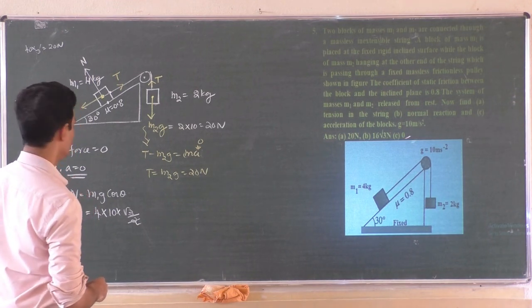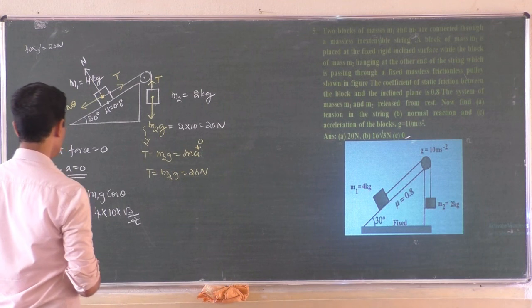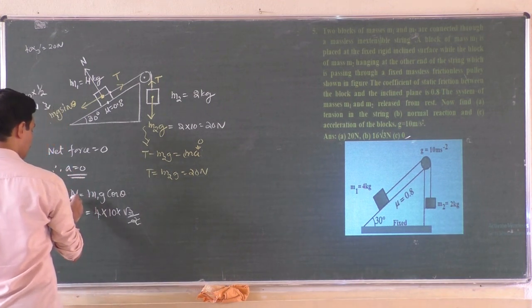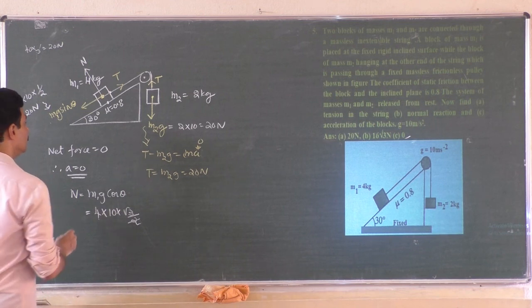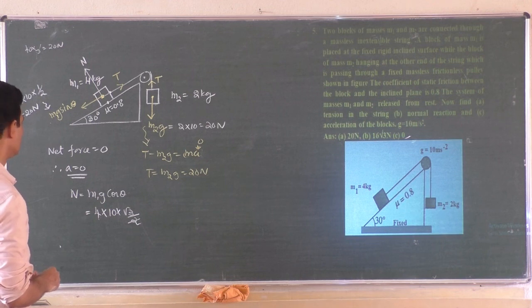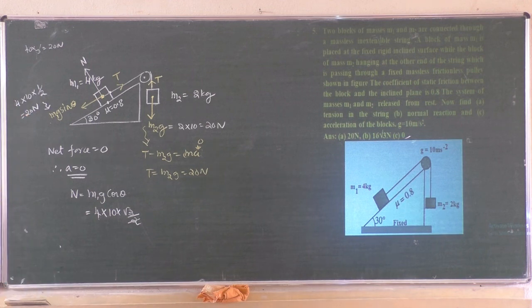I had written 16 root 3. Anything, mu into the normal reaction, is not only... it is mg cos theta. Fs is equal to mu into N.